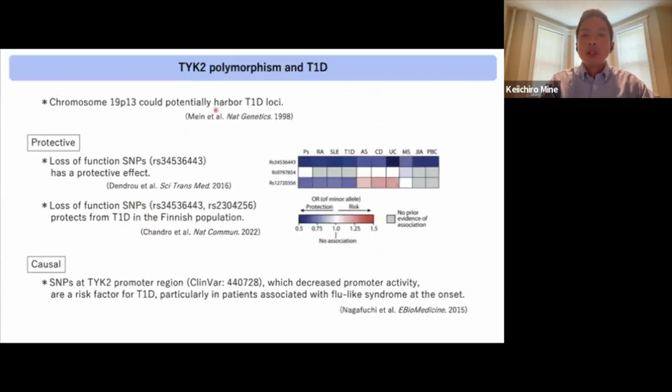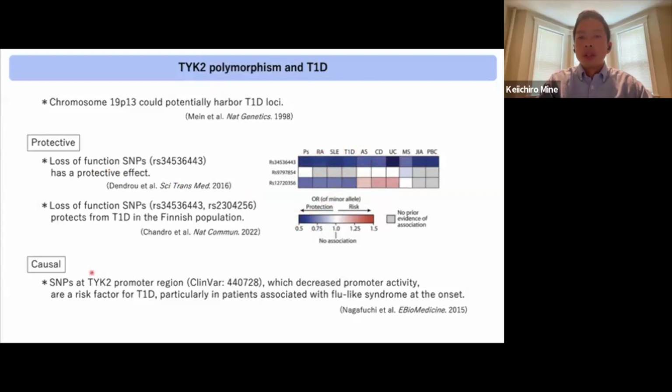Initial genome-wide studies reported that the locus where the TYK2 gene is located is associated with type 1 diabetes. Recent studies, more narrowed down, reported that loss-of-function SNPs in the TYK2 gene have a protective effect in type 1 diabetes and also in other autoimmune diseases.